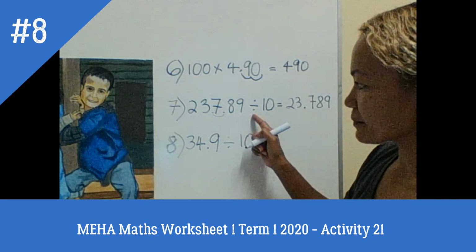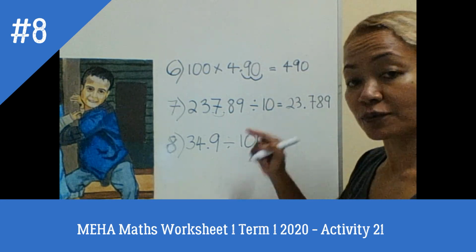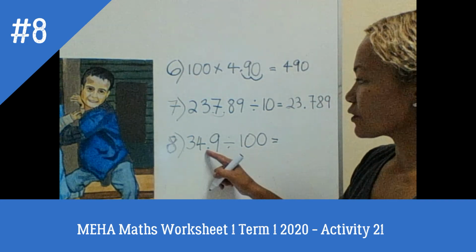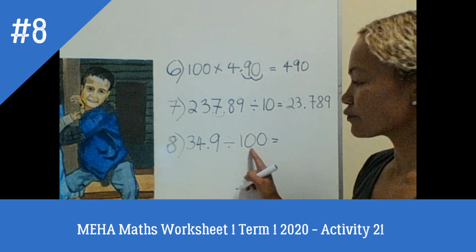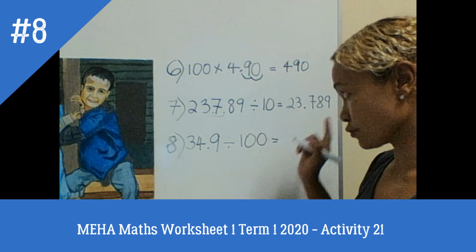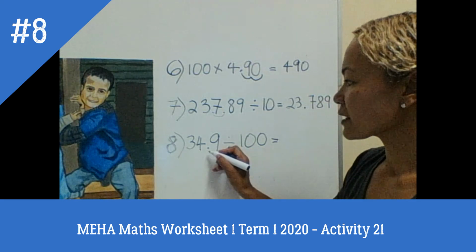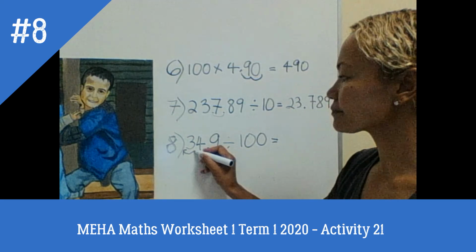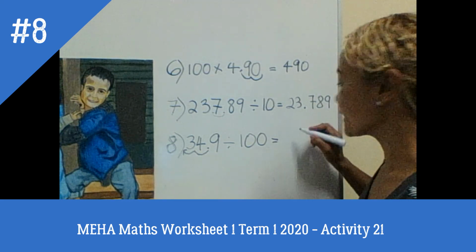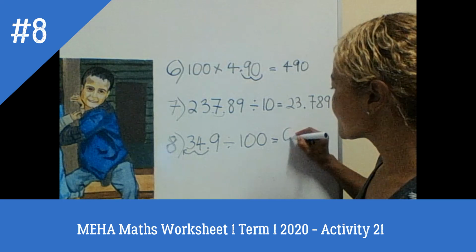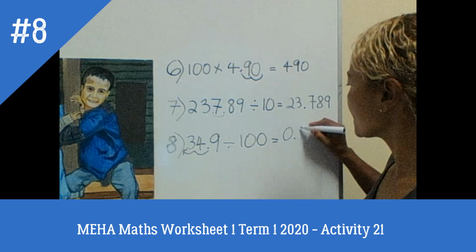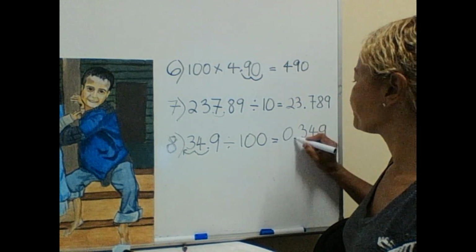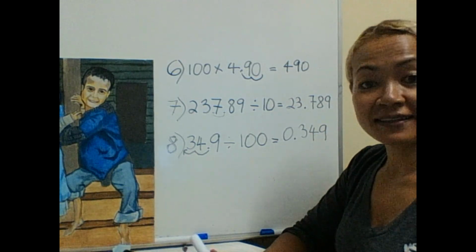Just like number 7, we're dividing, so the number has to come down, has to reduce. So divide by 100, it'll move the decimal point two places. So it's going to go that way to the left. So it'll be before the 3. So now it'll be 0, because we have to have that placeholder, 0.349. All right, and you solved all of them.